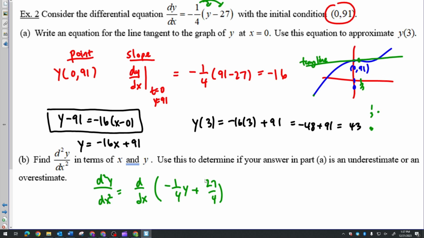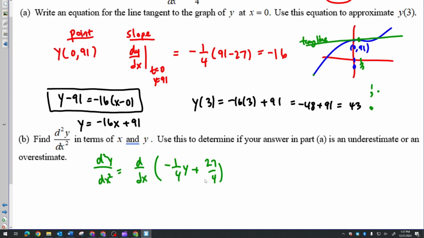I think I did that right. Then I take the d dx of this. The derivative with respect to x would be negative 1/4, but this is a y, so you need a dy dx, plus the derivative of the constant, which is just 0. So this is what I get, negative 1/4 times dy dx.